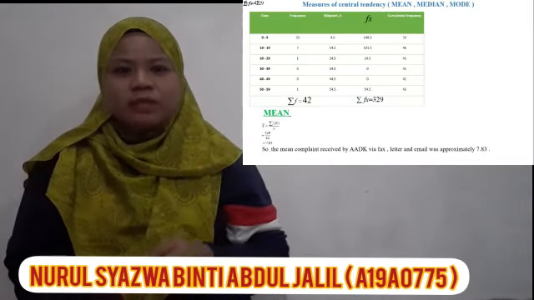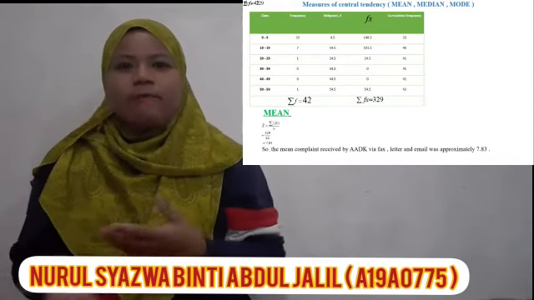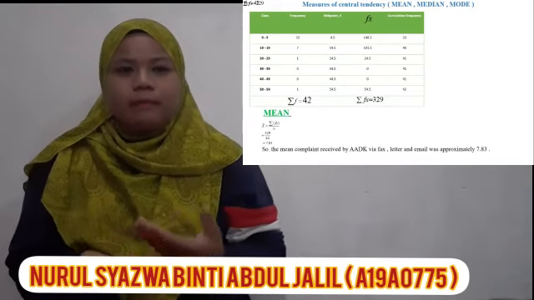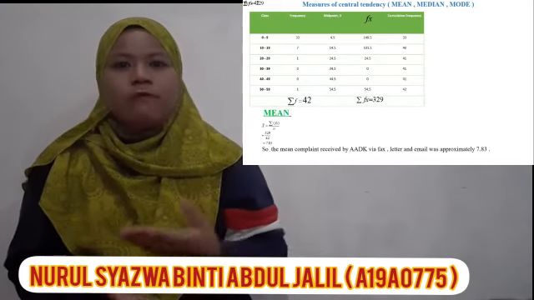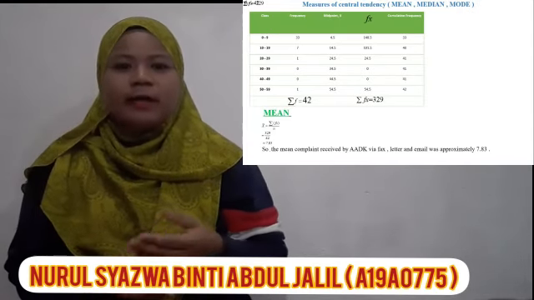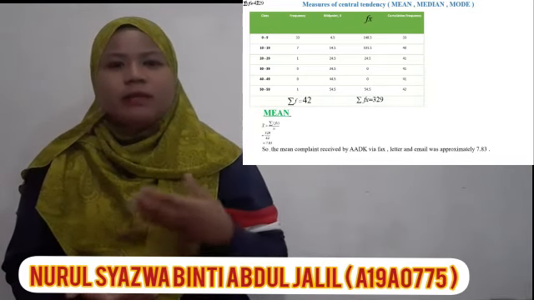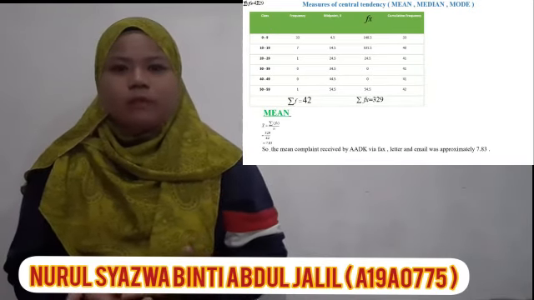Measure of central tendency: mean, median, mode. This is the table for mean, median, mode. The total frequency is 42. The total of fx is 329. How to get fx? Frequency times midpoint.